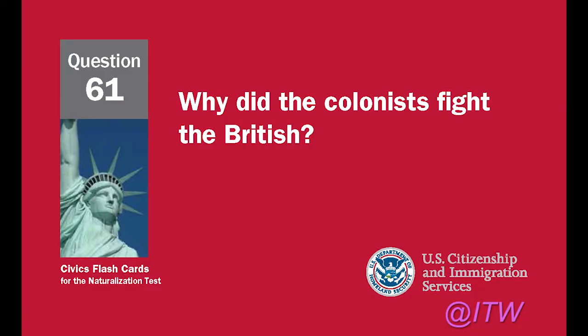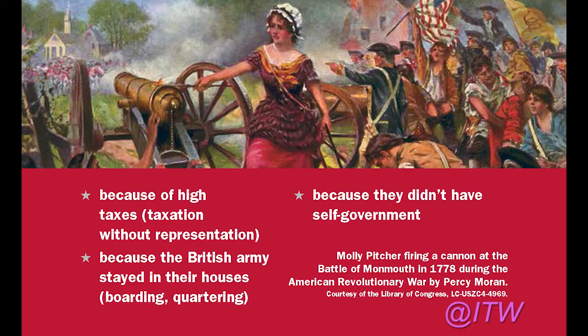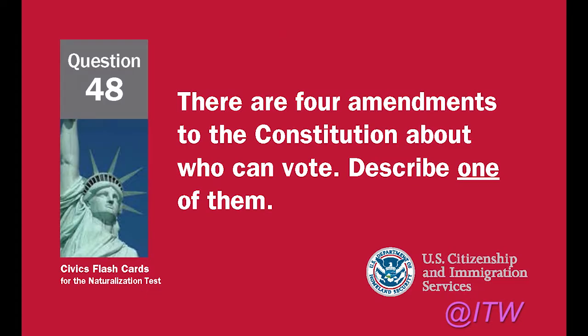Why did the colonists fight the British? Because of high taxes, taxation without representation. Because the British Army stayed in their houses, boarding, quartering. Because they didn't have self-government. There are 4 amendments to the Constitution about who can vote.